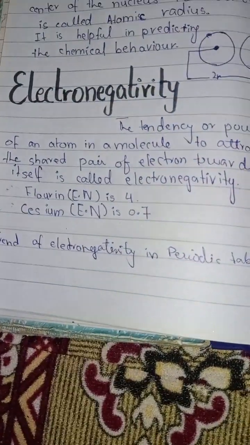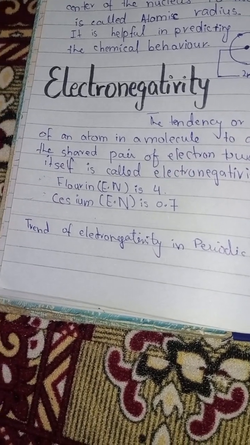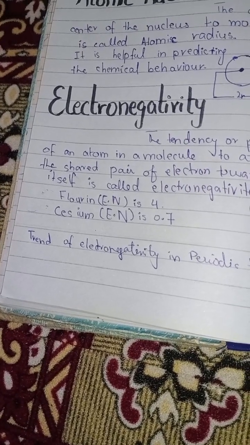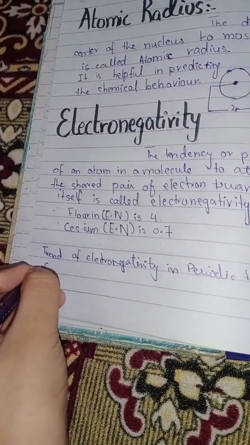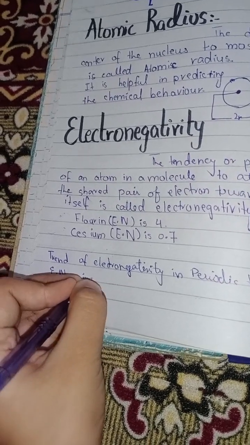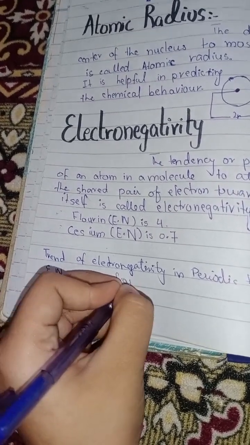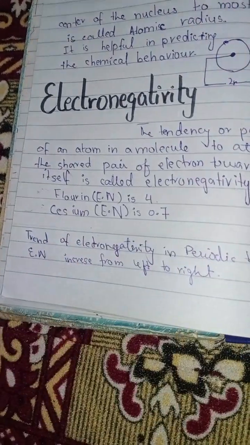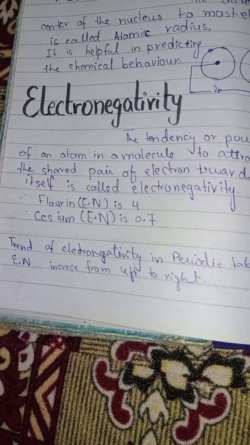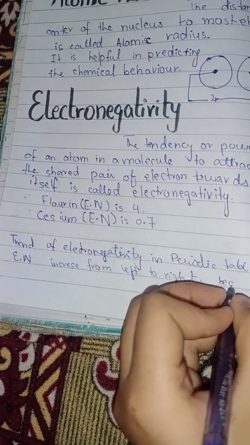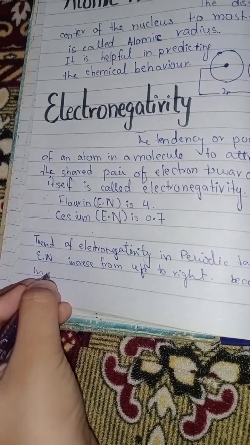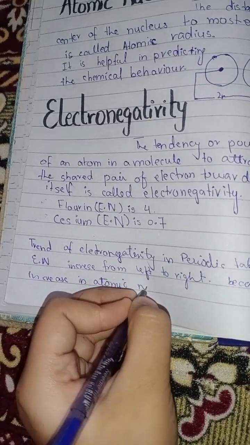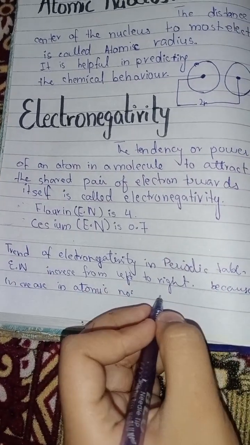Okay, so electronegativity increases from left to right in the periodic table because the increase in atomic number decreases the atomic size from left to right. Let me write here: electronegativity increases from left to right in the periodic table because the increase in atomic number decreases the atomic size.